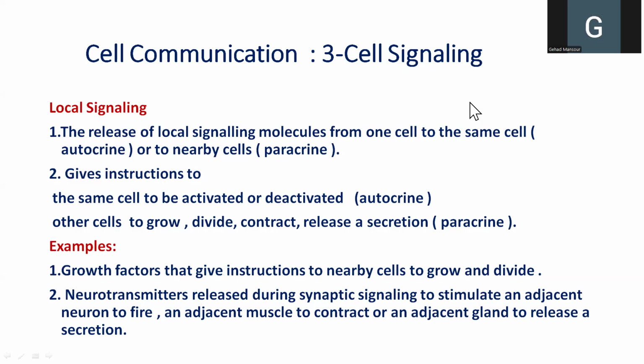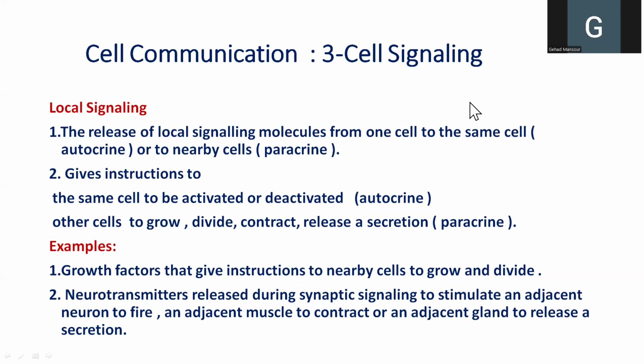What we discussed on the previous slide is an example of cell signaling, or the third type of cell-to-cell communication. Cell signaling might be local signaling in the vicinity of the cell, in the nearby environment of the cell, or it might be remote signaling, meaning that it could signal molecules to distant areas of the body away from the cell.